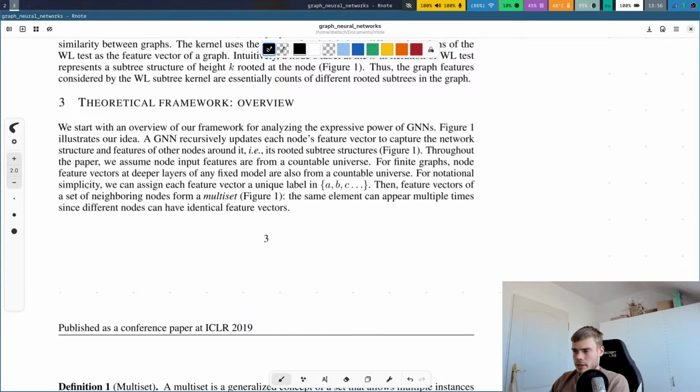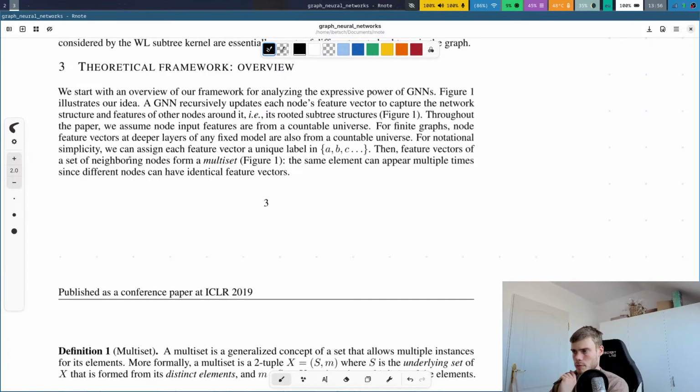For notational simplicity, we can assign each feature vector a unique label in the set ABC, okay? Then feature vectors of a set of neighboring nodes form a multiset. The same element can appear multiple times since different nodes can have identical feature vectors.